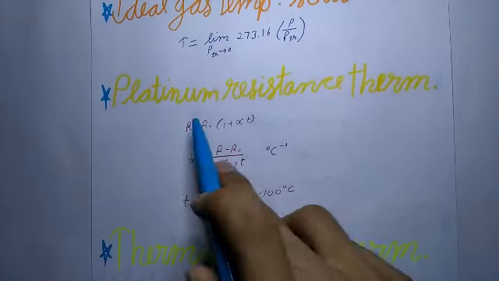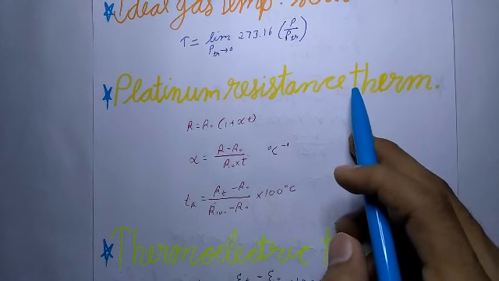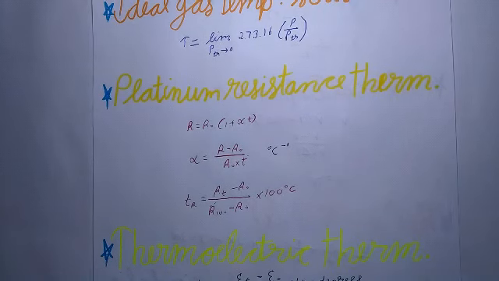Now next is platinum resistance thermometer. It is based on the fact that the resistance of a platinum wire varies with the temperature.